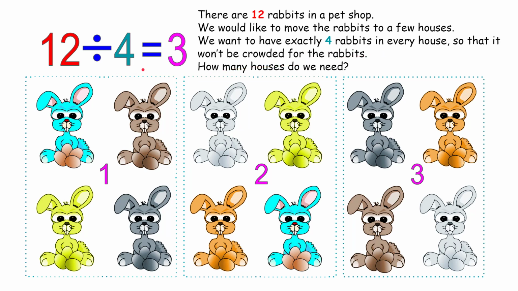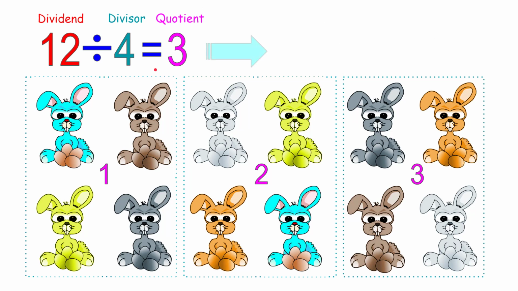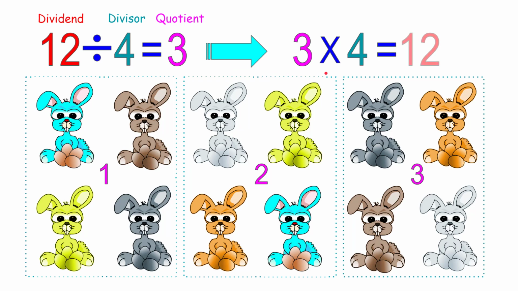This is how you solve it, even when you don't have the pictures right in front of you. And this is how you check yourself. The quotient, 3 times 4, which is the divisor, equals 12.